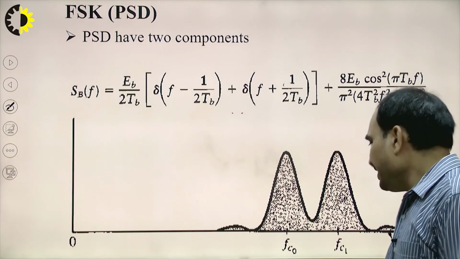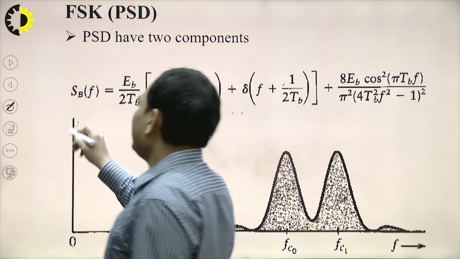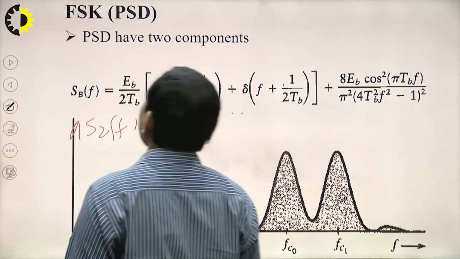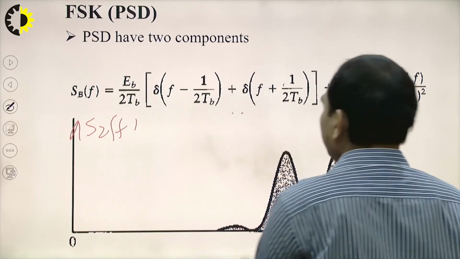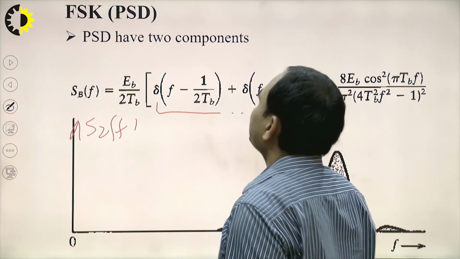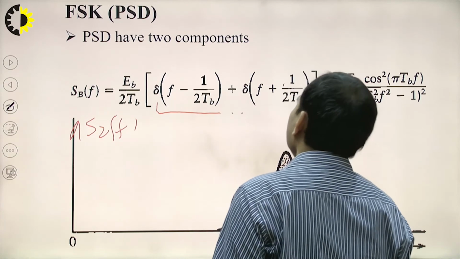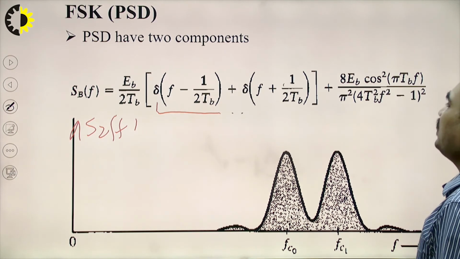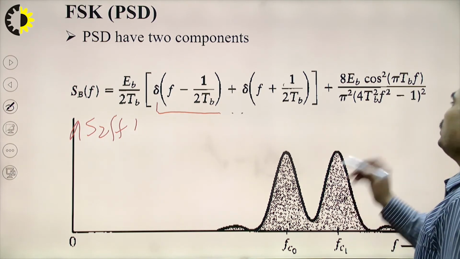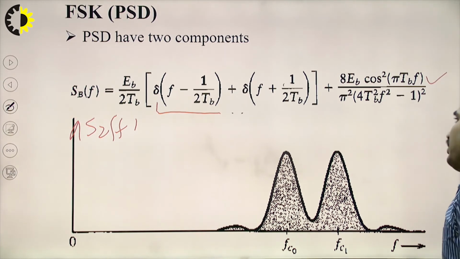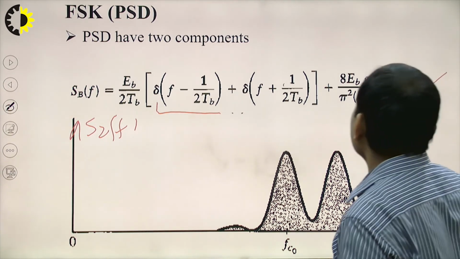We can represent in the frequency domain the power spectral density of the FSK signal, which is given by Eb by 2 Tb times the delta function: delta of f minus 1 by 2 Tb plus delta of f plus 1 by 2 Tb, plus 8 Eb cos squared of pi f Tb divided by pi squared times the quantity 4 Tb squared f squared minus 1.